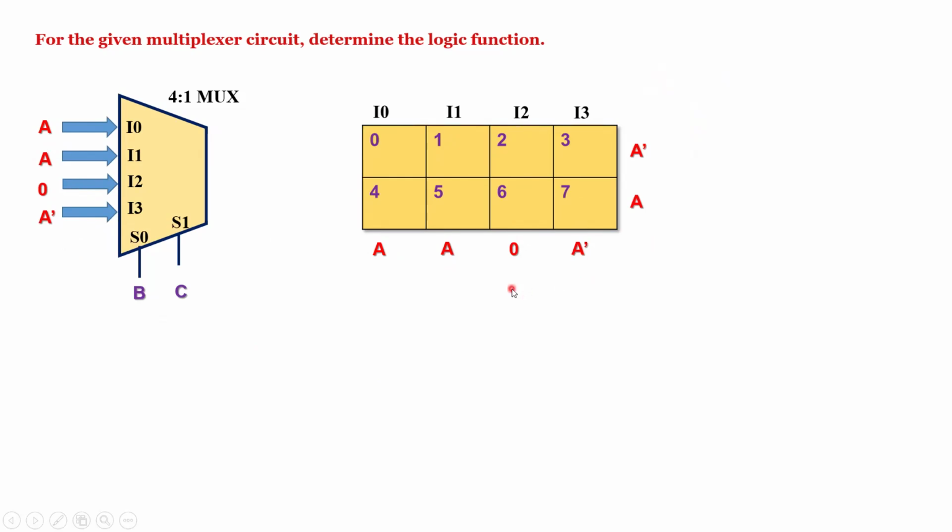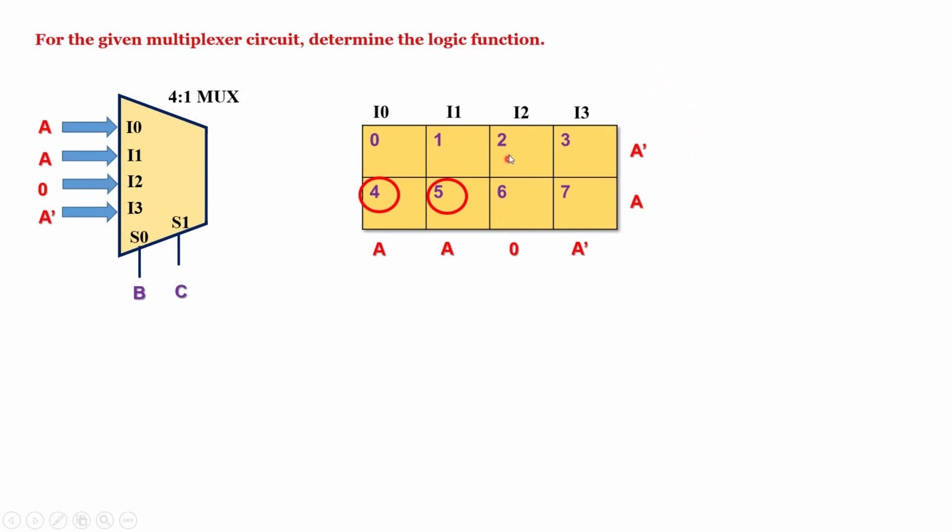Once that is done, we see that since I0 is receiving A, the row A represents this min term, that is 4. Then since I1 is also receiving A, which represents this entry of the row A, the next min term is 5. Then I2 is receiving logic 0.